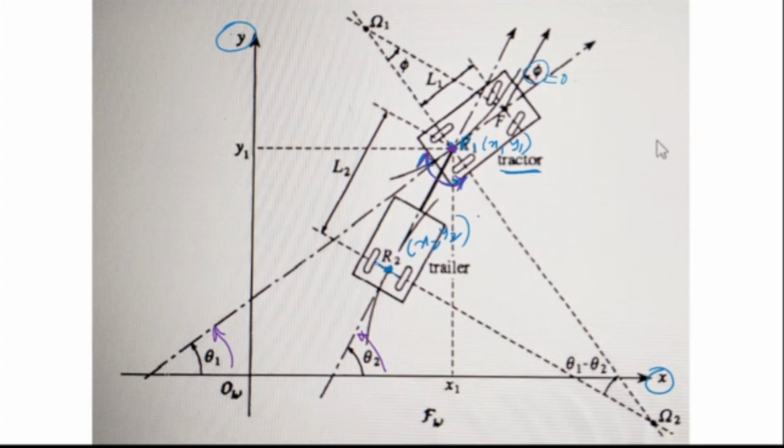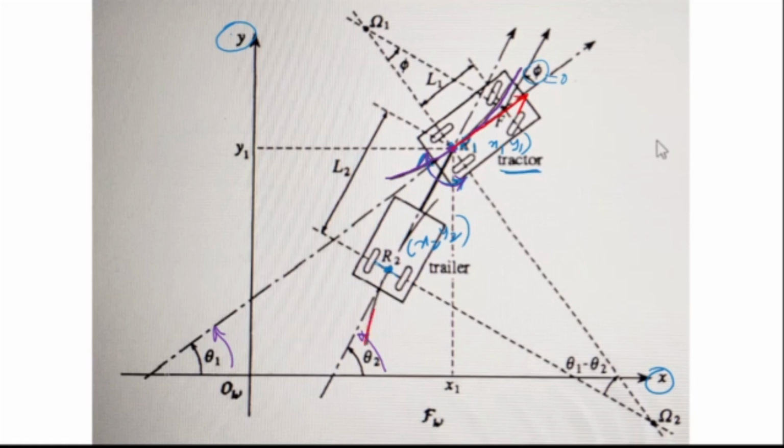Now the first thing to note here is that when the tractor is taking a curve like this, the velocity at that point is going to be tangential to the curve. Let me draw it again. This is my curve that the tractor is taking. So the velocity at that point has to be tangential, in this direction. What about the trailer?